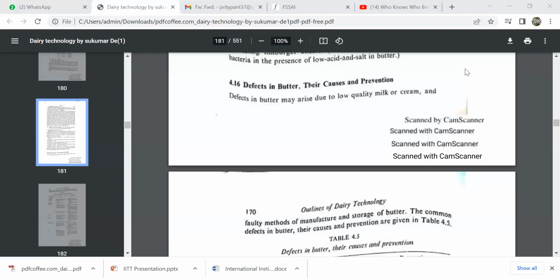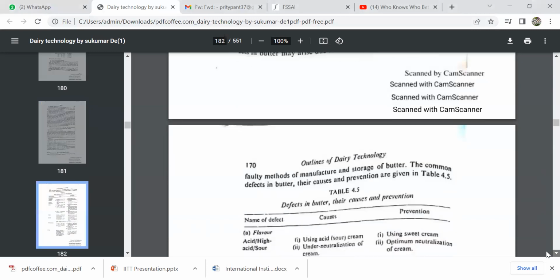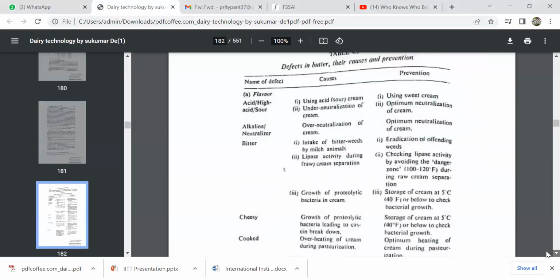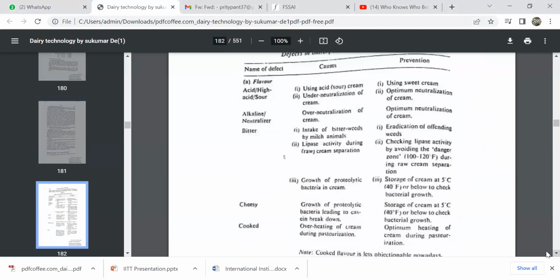For flavor defects, the different kinds are acid or high acid or sour, alkaline or neutralizer, bitter, cheesy, cooked, feed and weed, fishy, flat, rancid, oxidized or oily, metallic, tallowy, stale, and yeasty. Different kinds of flavor defects.